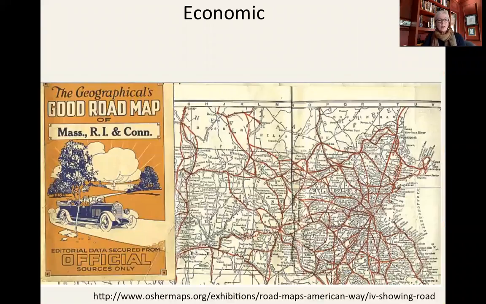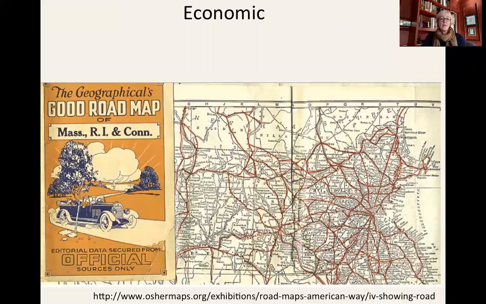So we do start to see an increase as we move into the later period within the 19th century, moving into the 20th century, the advent of the car and this idea of maps. Because the condition of so many roads was so poor, we started to see things like the geographic good road map.